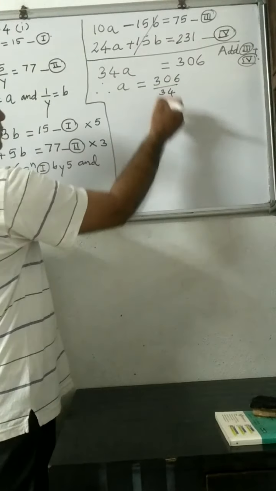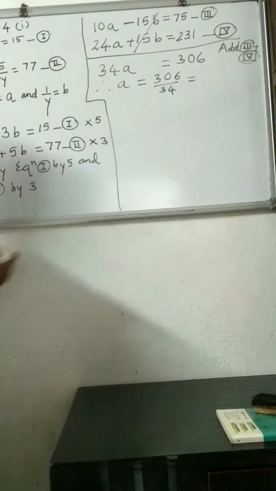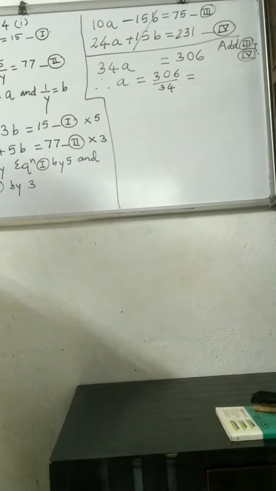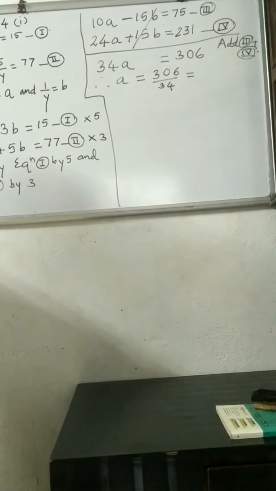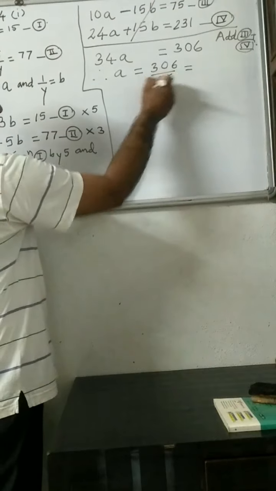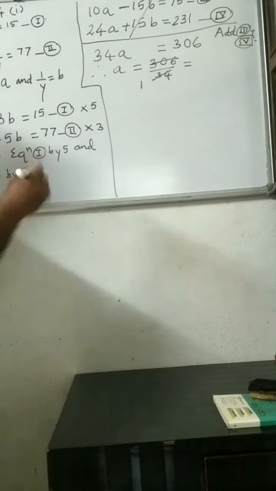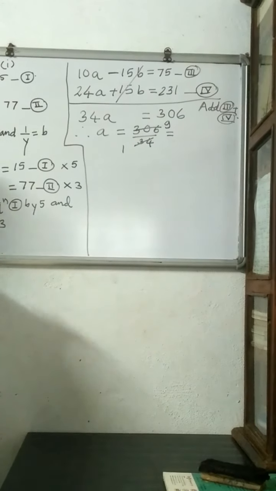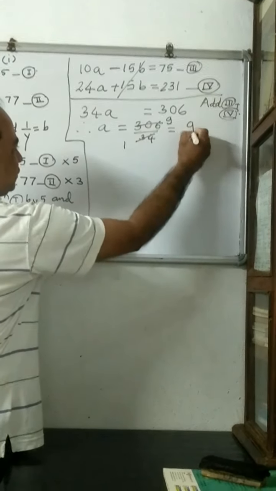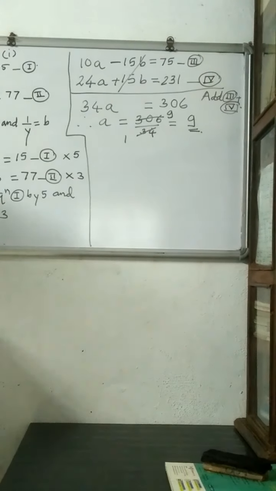So 34a is equal to 306, so a is 306 upon 34. 34 9s are 306. So a is equal to 9.